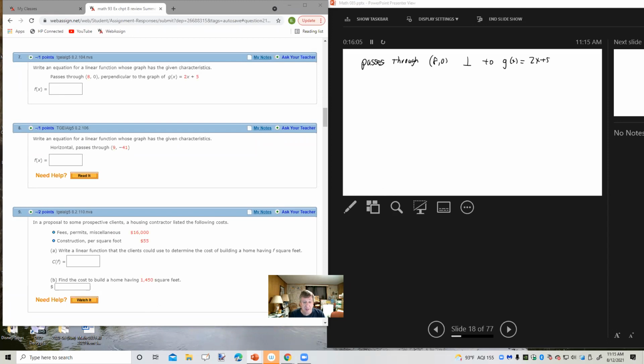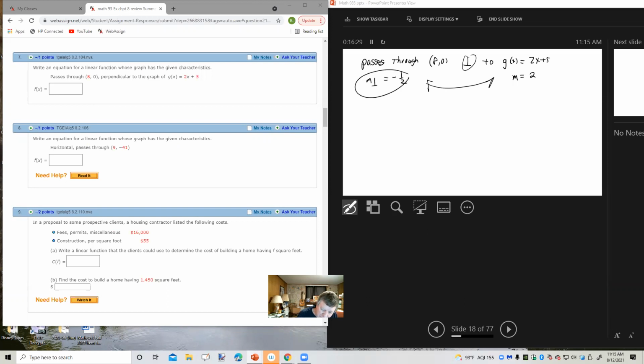Parallel lines have the same slope, but for lines that are perpendicular, the slopes are negative reciprocals, or opposite reciprocals. Well, the slope of g of x is 2. So the slope of the line that's perpendicular is going to be -1/2. Okay, so these have to be negative reciprocals of each other because the lines are perpendicular.